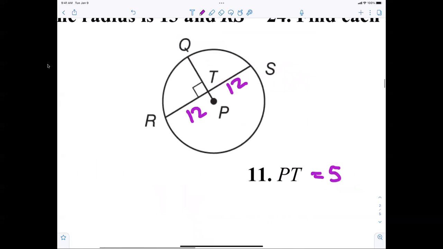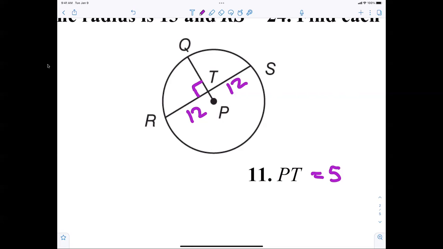Oh, 12, 13, 5. 5, 12, 13. But where is the right triangle? Well, this is a right angle. I'm agreeing with you. I don't see a right triangle that relates 5, 12, and 13.